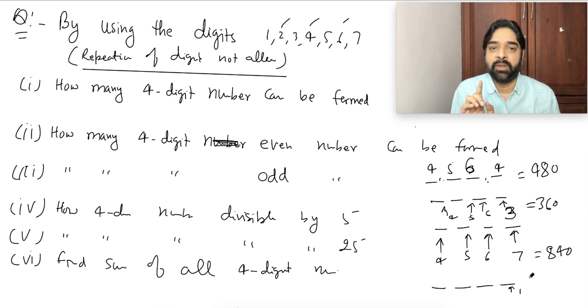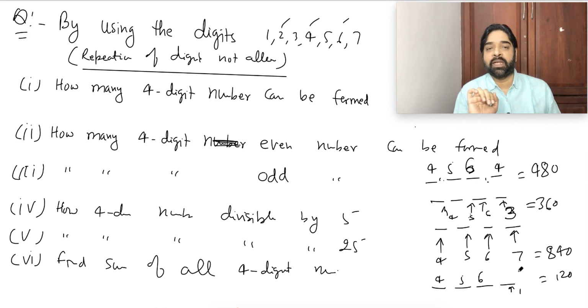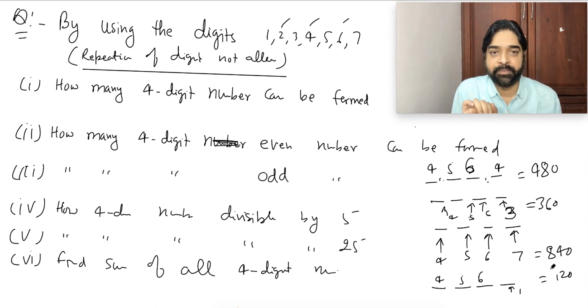Any other way? No. And the other places have no condition, that will be 6, 5, 4, and that makes 120. There are 120 numbers which are divisible by 5. Am I doing correct?